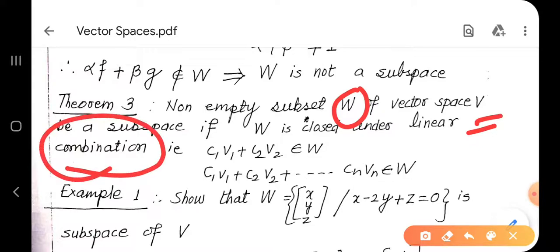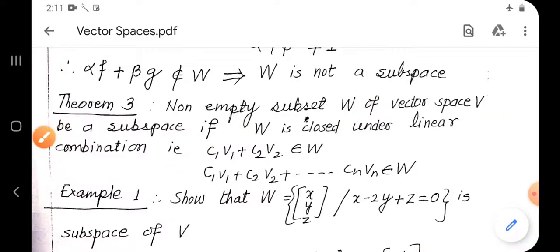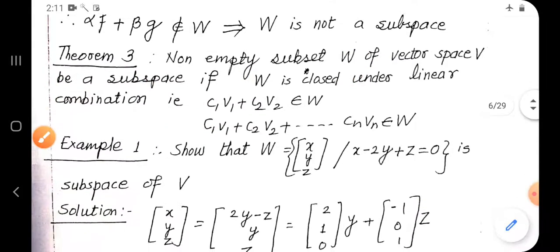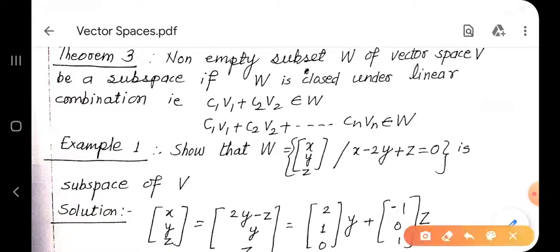Means what? If I have vectors V1 and V2, then C1V1 + C2V2 belongs to W, or in general C1V1 + C2V2 + ... + CnVn belongs to W if I have n vectors. So in fact we are not going to use this theorem. If you want to use it, you can use it.